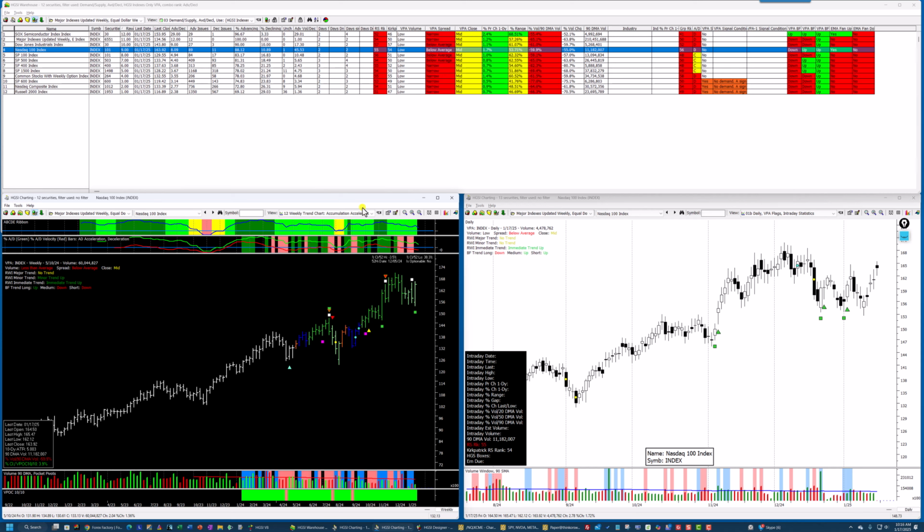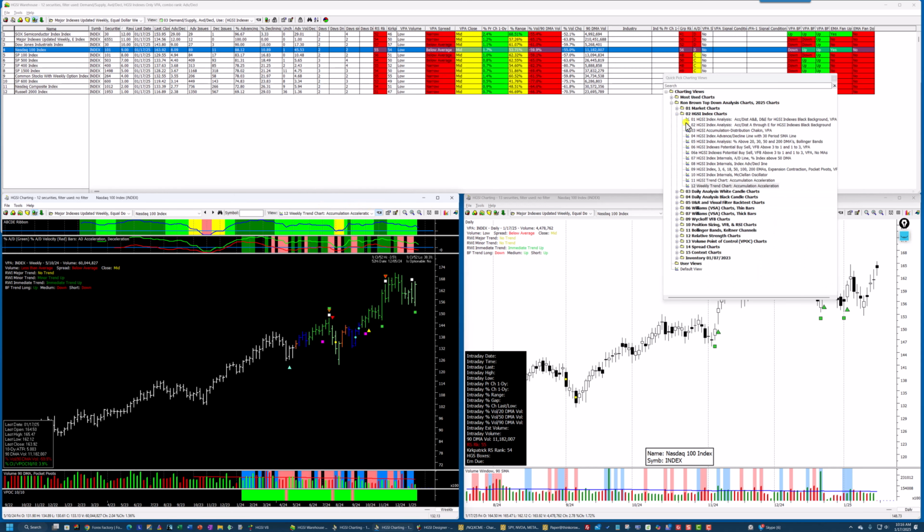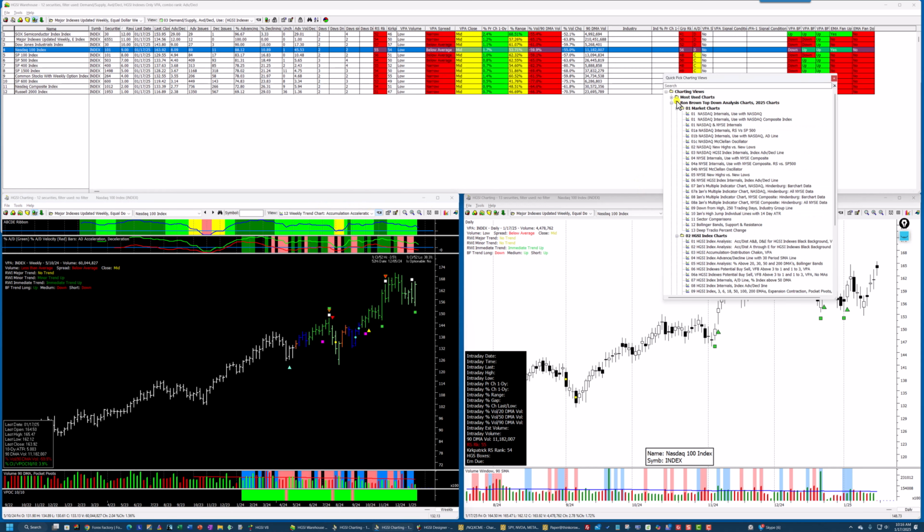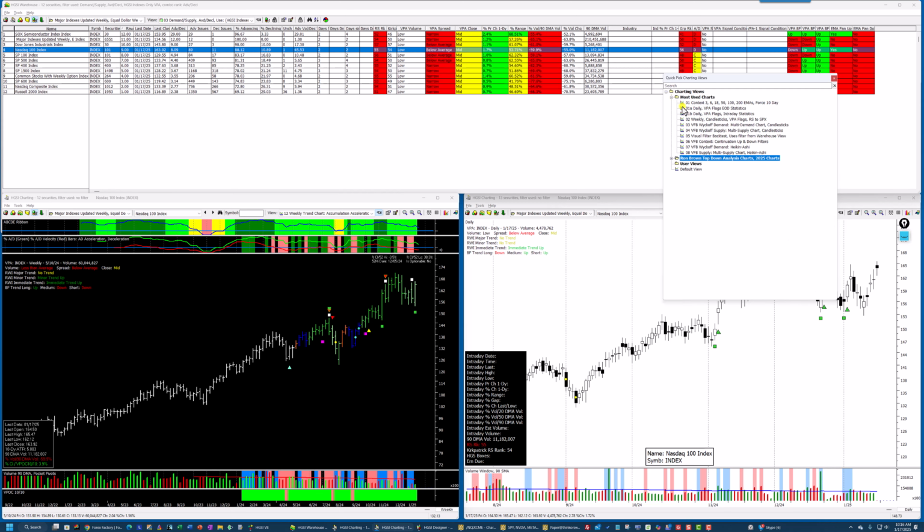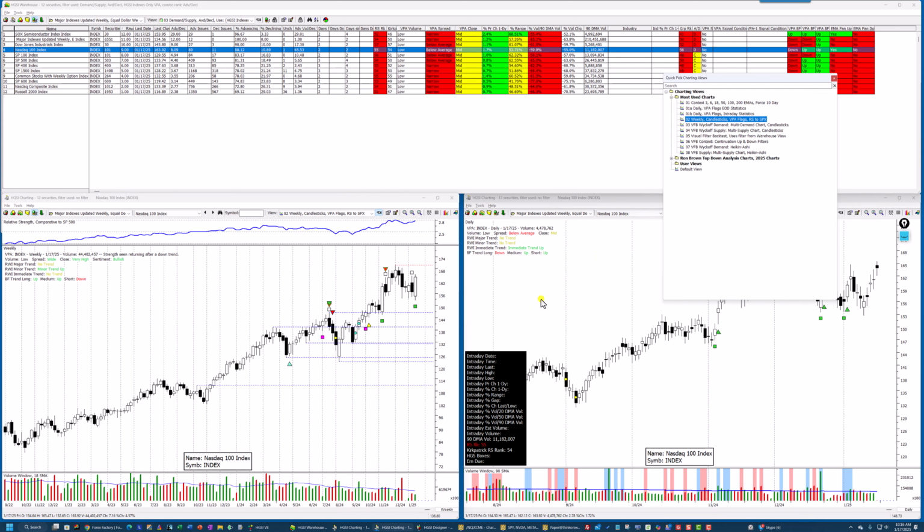Now I'm going to change this. I'm going to go back to my most used charts and select a weekly chart in here. I've put the VPA support and resistance lines in this chart, and here's the intraday chart. But I'm in an index and I want to get out of here.